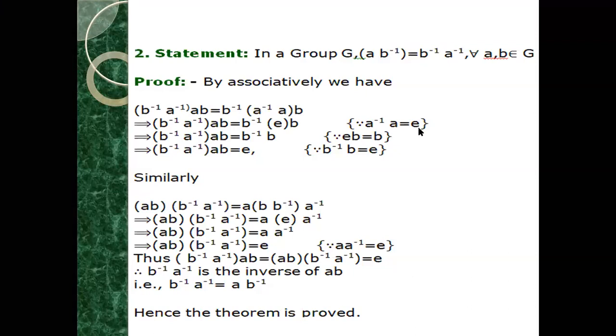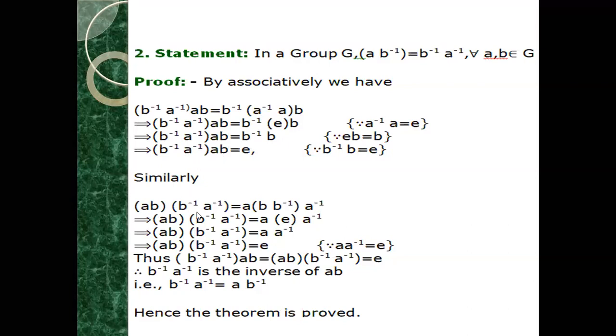So B inverse A inverse into AB is equal to B inverse E B. By the identity law, EB is equal to B. So B inverse B is equal to E. So B inverse A inverse into AB is equal to E. This is of the form AB is equal to E, where B is called the inverse element of A.